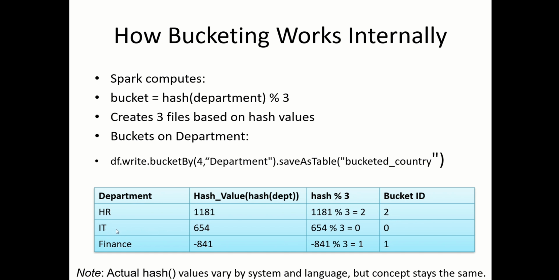All the data related to department IT will get saved in partition ID 0 or bucket ID 0. All the data related to finance will get saved into partition or bucket ID 1. Depending on the system and language it can vary, but the main concept here is that it will get divided based on the remainder of the hash.